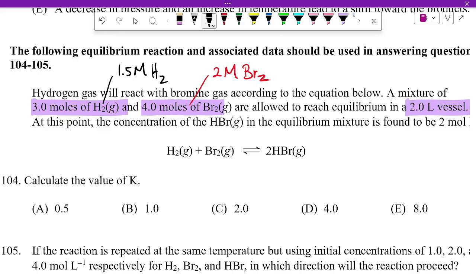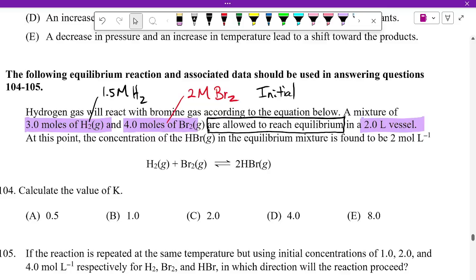And those are initial, right? Because those go in and then they are allowed to reach equilibrium. So these are initial, which tells us what kind of situation this is. This is a RICE table situation.